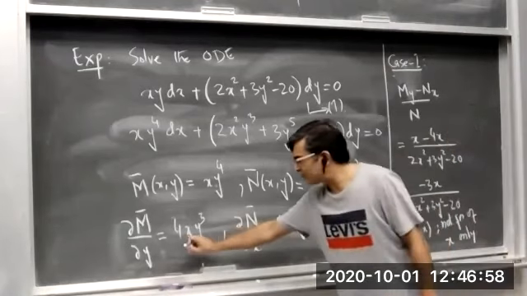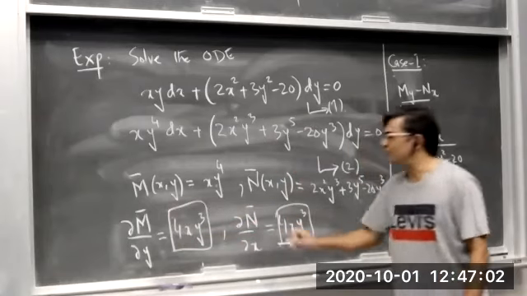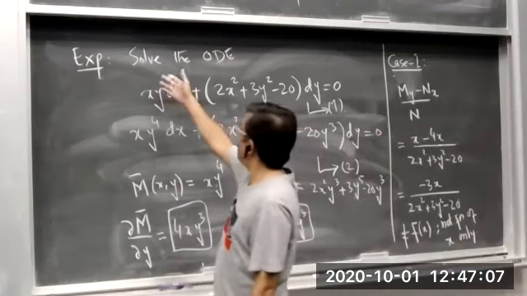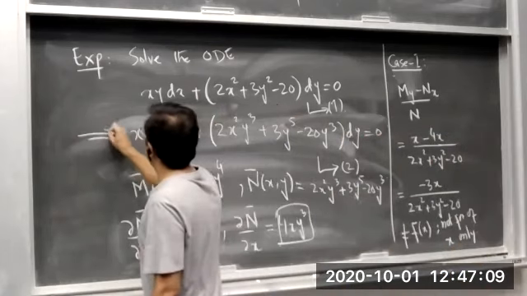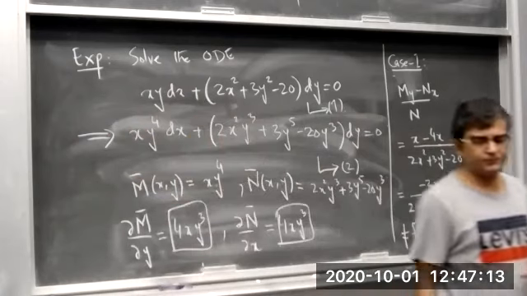Now you can see that we have 4xy cube, 4xy cube. So these two things are equal. Now the given equation has become equation 2, and equation 2 is an exact differential equation.